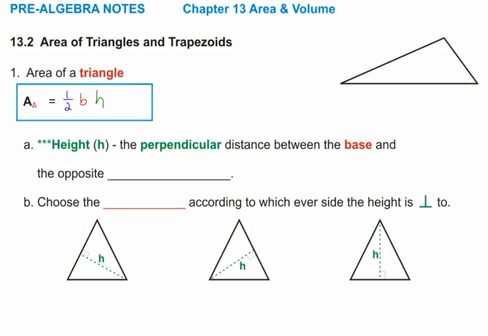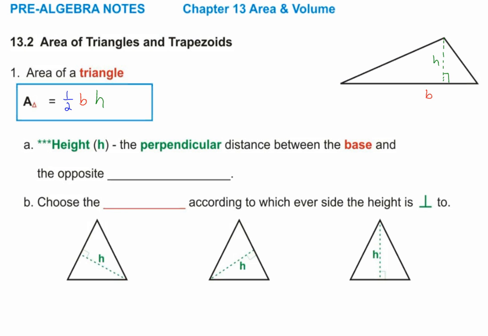Let's assume that the base is this bottom side. I'll put a red B there. Then the height isn't shown. We're going to have to show it. Take your green, start at the vertex, come down to that side with a perpendicular line, and then put the H there. So to find the area of that triangle, we would do 1/2 the value of the base and then multiply it times the height.